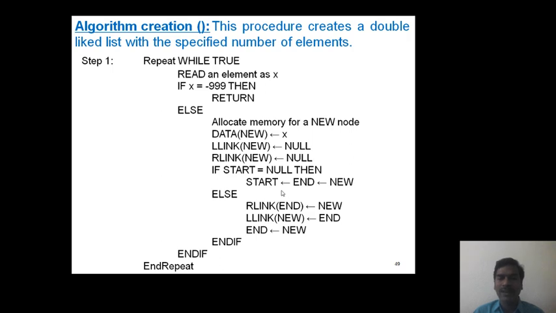So start equivalent to end equivalent to new. Otherwise, else. Now we establish links in between end node and new node, like R-link of end equivalent to new, L-link of new equivalent to end, end equivalent to new, and if, and repeat. So in such a way, it is possible to create a double linked list.